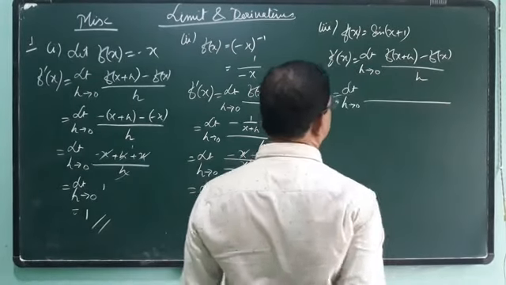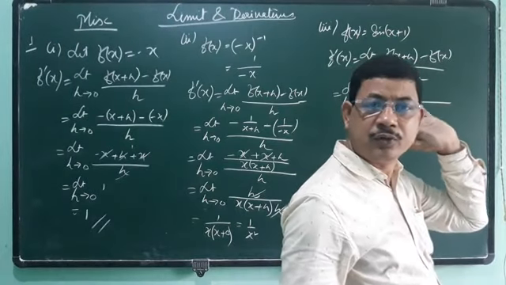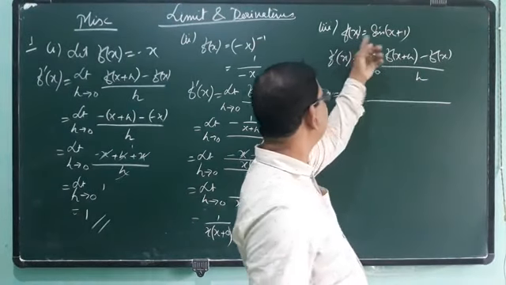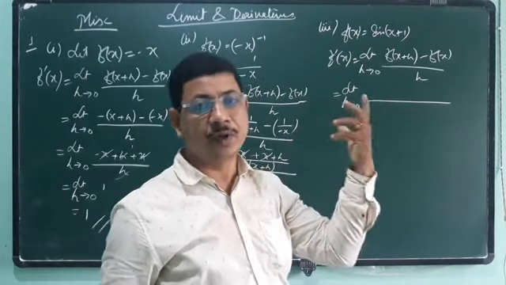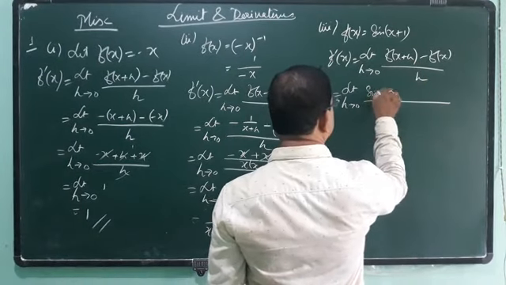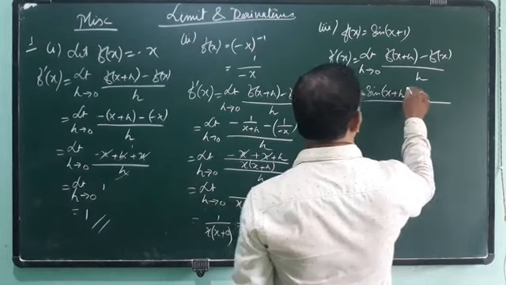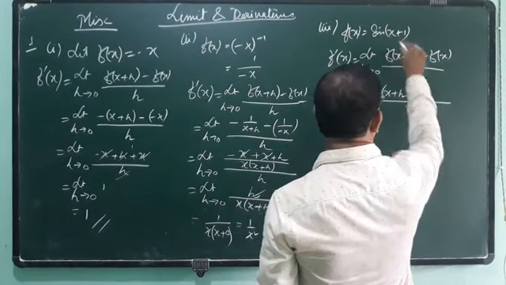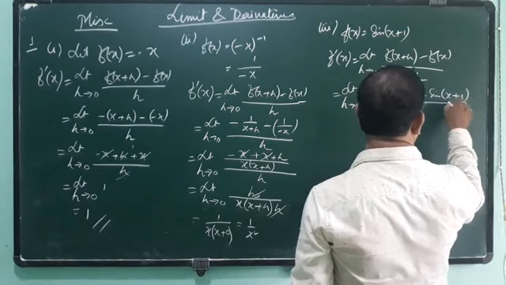Here we have to put x plus h. This is the rule: whatever you put, this x will replace that x. So its value will be sin(x plus h plus 1) minus sin(x plus 1).